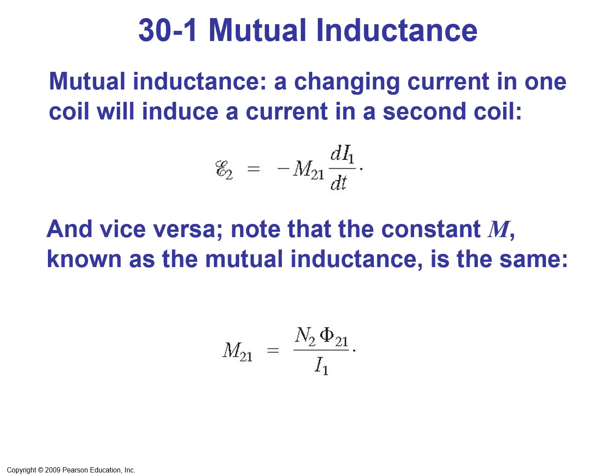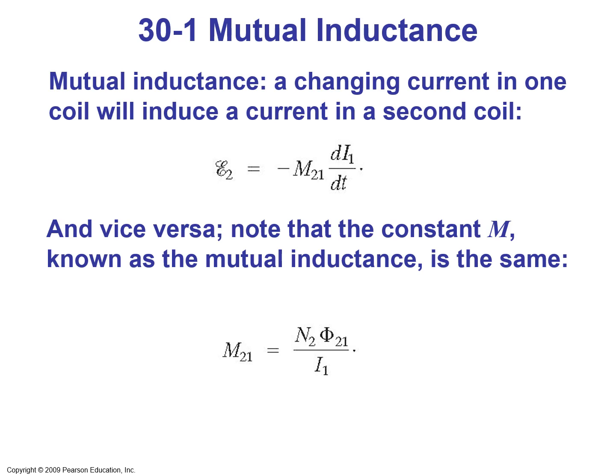Section 1. Mutual inductance. A change in current in one coil will induce a current in the second coil. EMF in the second coil is equal to minus M21 times the derivative of current in the first coil over time, and vice versa. Note that the constant M, known as the mutual inductance, is the same.